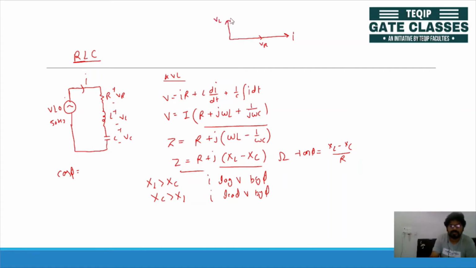VL means I into XL, and VL is equal to I into XL. You can write it here. And the VC, the voltage across capacitor, will definitely lag the current, and here is your VC, that is I into XC.